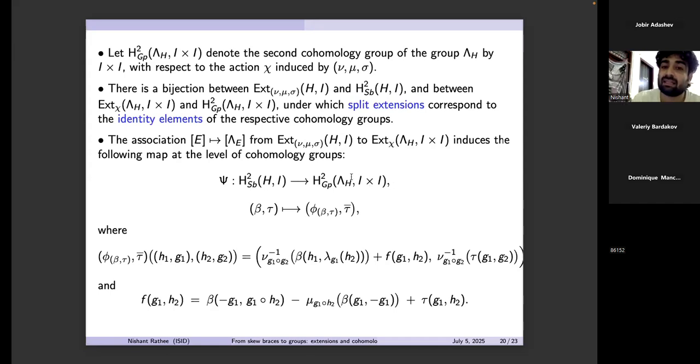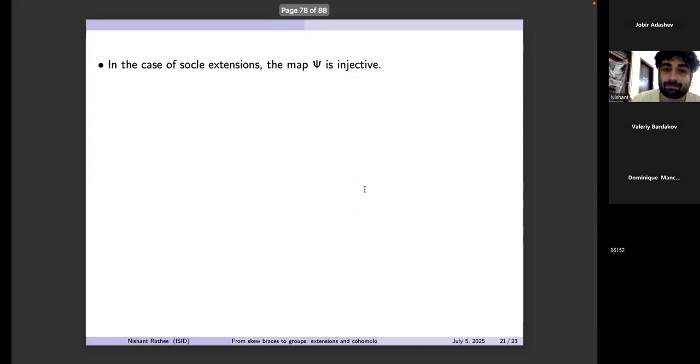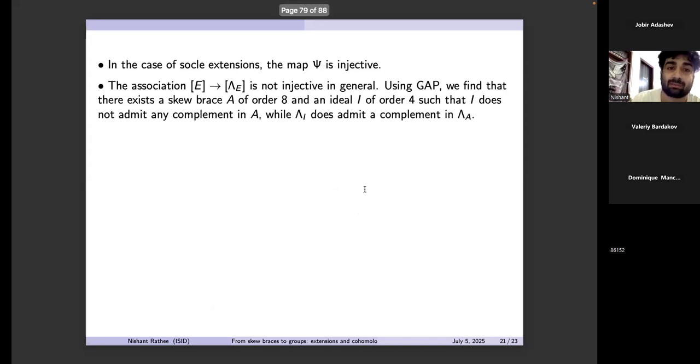Conversely, if some non-zero element is going to 0, then this means that some non-split extension goes to a split extension, which we have seen cannot happen. So in the case of Sokal extension, this map phi is injective. You can actually embed the second cohomology group of a skew brace inside the second cohomology group of lambda groups.